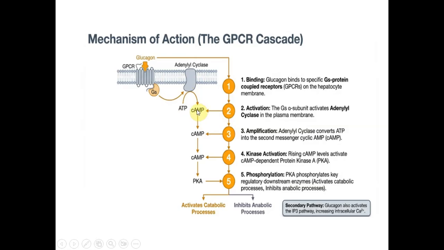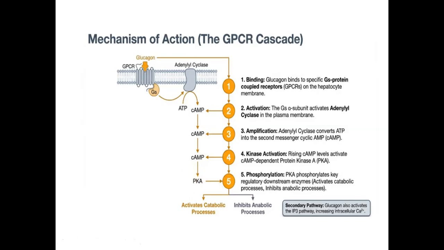Then there is amplification, and rising cyclic AMP levels activate the cyclic AMP dependent protein kinase A, and with the protein kinase there is phosphorylation of the key regulatory downstream enzymes, which activates the catabolic processes and inhibits the anabolic processes.